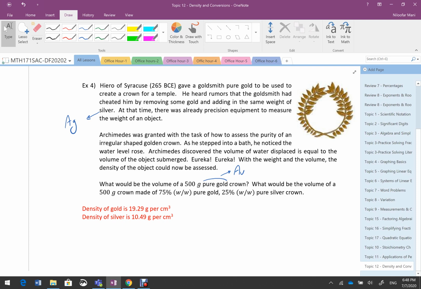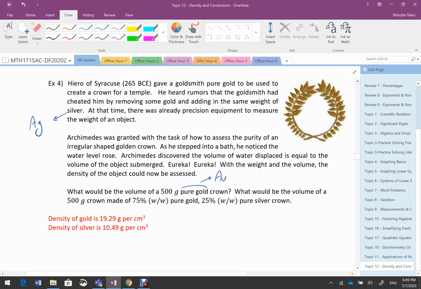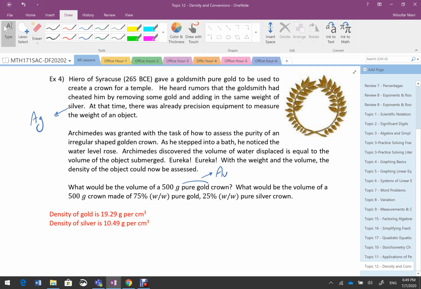you can give it a pause and just read the question. There was a task of giving pure gold to a goldsmith and asking for a crown, like for a temple. The crown is here, you can see it.